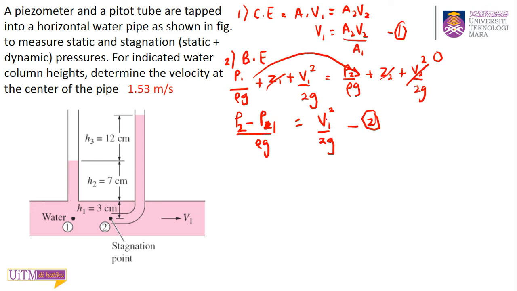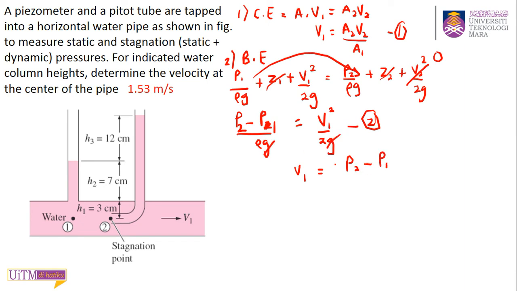Remember, you want to find V1. They ask you to determine the velocity at the center of the pipe. So it's the V1. Okay, so your V1 should look like P2 minus P1. So G ni boleh potong G sama.